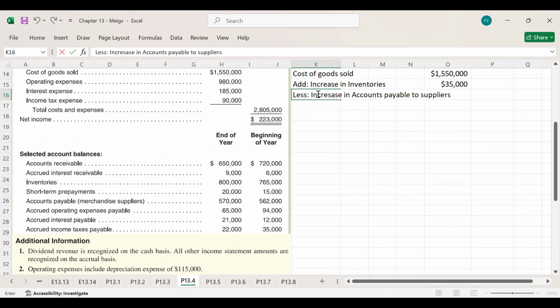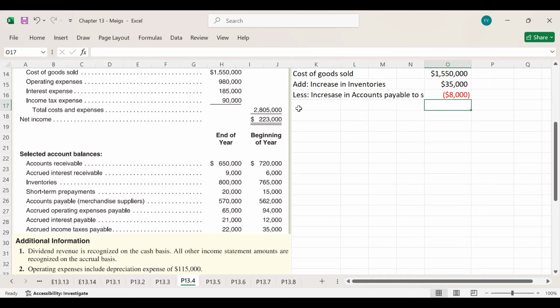How much is the increase from 562 to 570, which means that $8,000 is the increase. So we have $8,000 here, and we are going to deduct it, so this should be presented with the bracket sign.